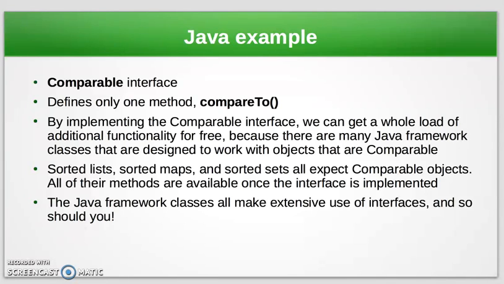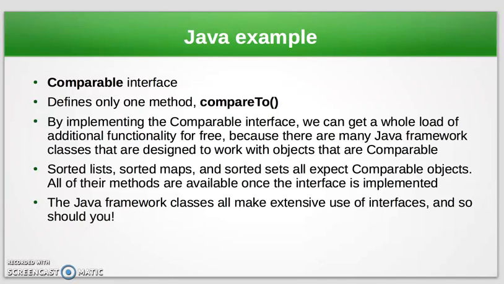And all of the collection classes, the sorted lists, the maps, sorted sets, anything, they all make use of comparable objects. So merely by implementing this one method in any of your objects, you can leverage all these very powerful classes that are already available in the Java framework.